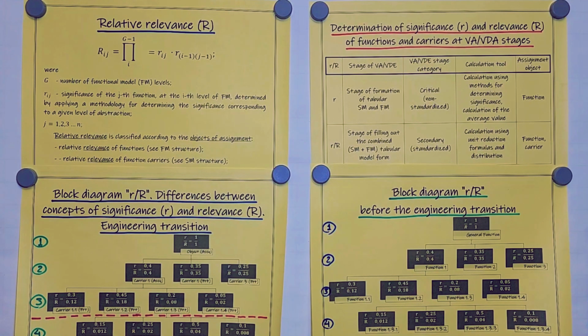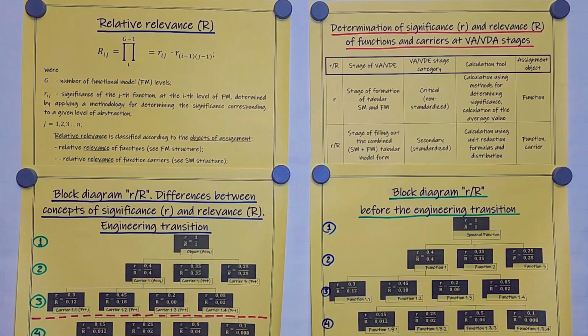On the slide you can see the line of engineering transition which delimits the upper part of the flowchart, on which the simplified structural model is displayed, and the lower part of the flowchart on which the functional model is displayed in a simplified form.